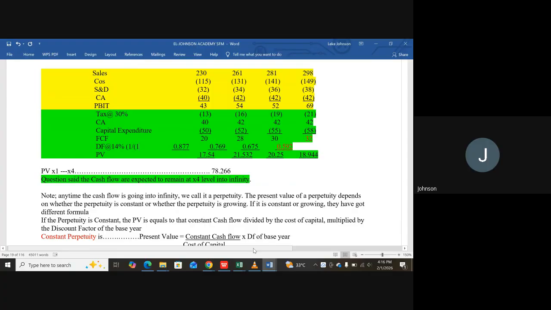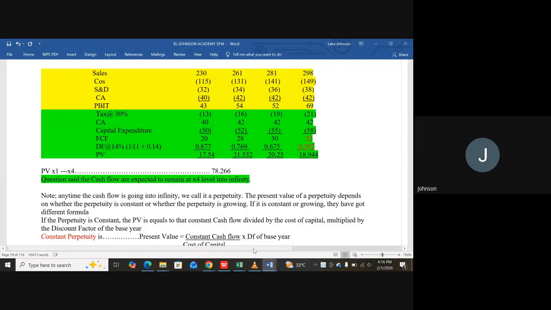Our r in the question is 14%. So 14 divided by 100, we are going to have 0.14. So that's how we got our discount factor.